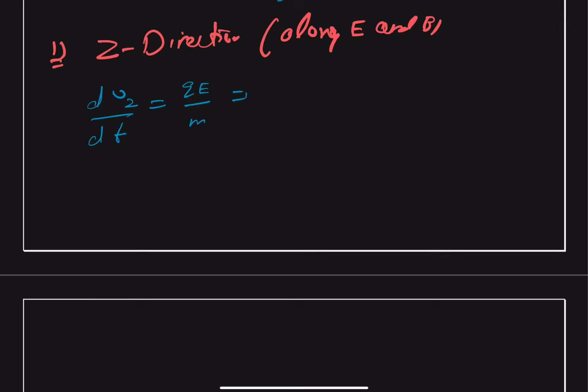For simplicity, we can write vz(t) equal to qE divided by m multiplied by t plus c.